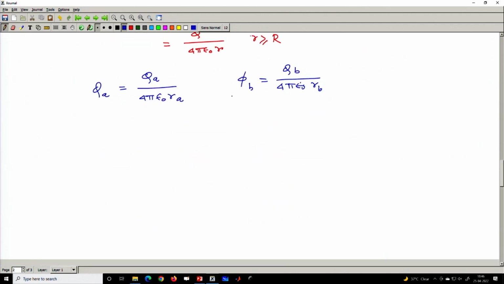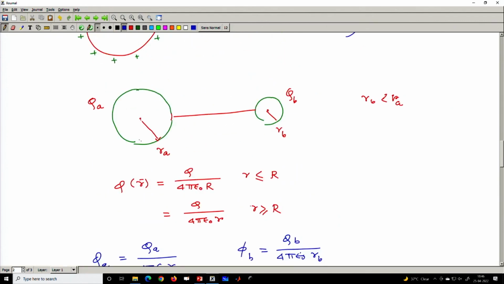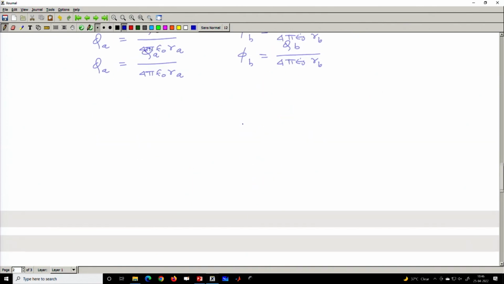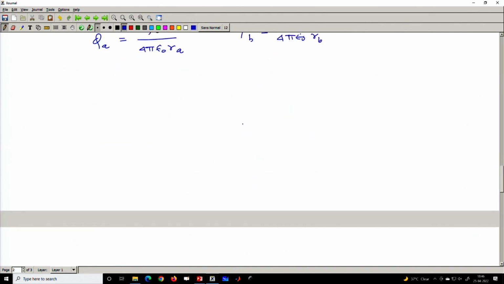By doing that, it becomes equipotential. Now, this entire conductor becomes a single conductor with the condition that it has an equipotential surface.